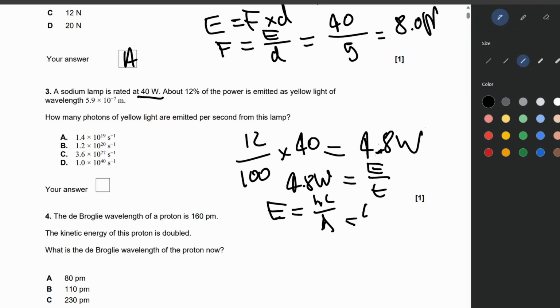Which is equal to h times speed of light over lambda, which is 5.9. I feel like I'm overcomplicating this, but some of these wall markers are quite complex, so maybe not.